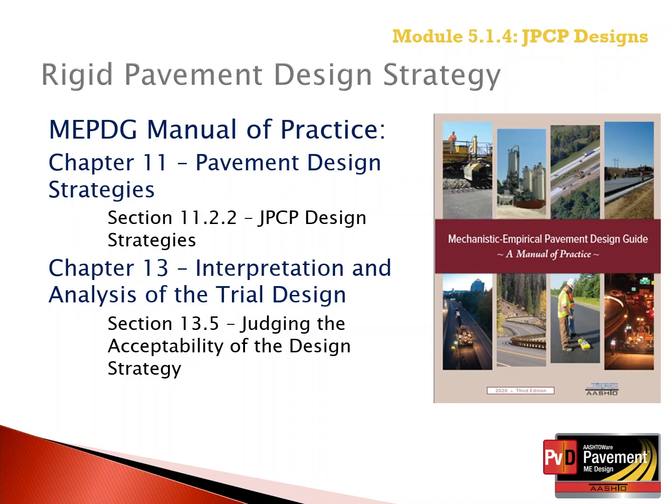We already reviewed chapters 3 and 5 at the start of Module 5.1, so this module will simply focus on chapters 11 and 13, which include Section 11.2.2 on new JPCP design strategies, and Chapter 13, Section 13.5 on interpretation and analysis of the trial design for rigid pavements.